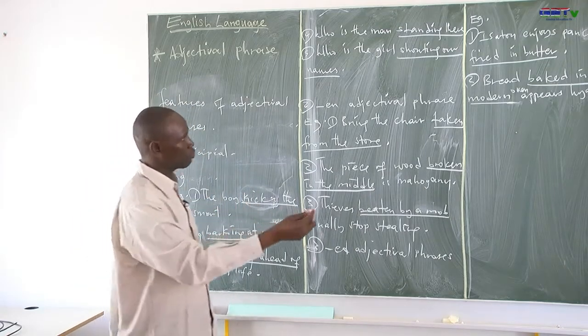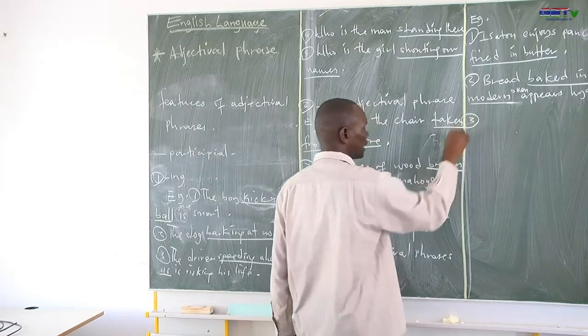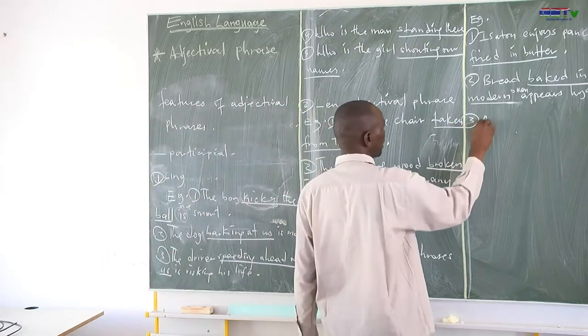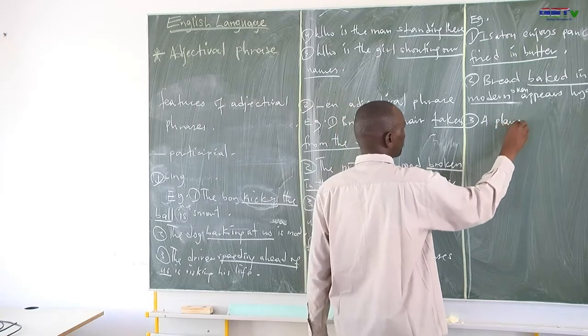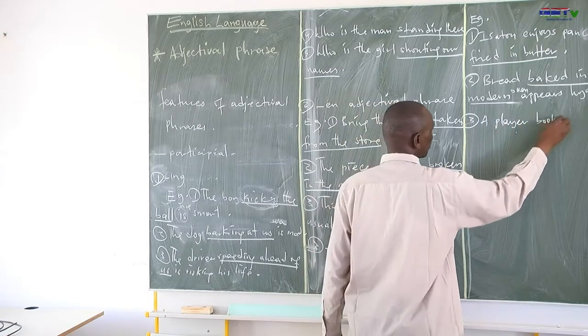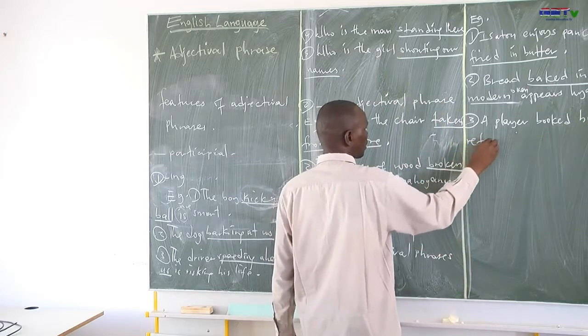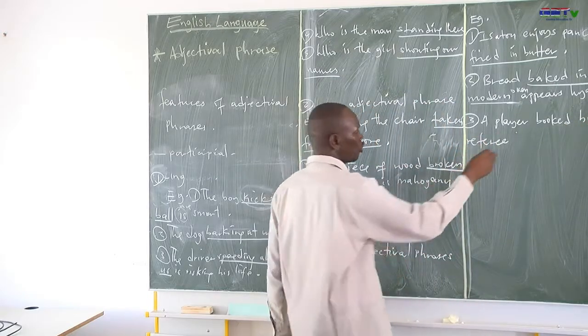Also we have, let's look at example 3 under that. It says a player booked by a referee. For instance, a player booked by a referee is always very careful.